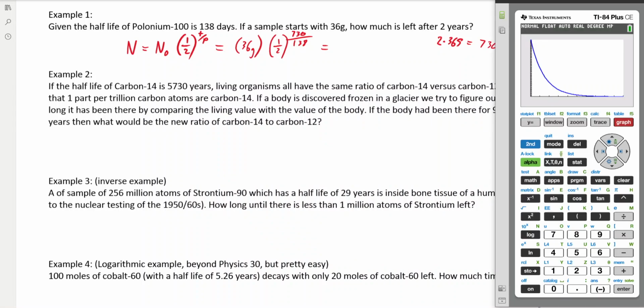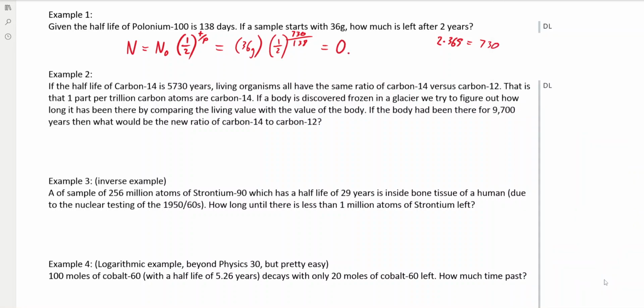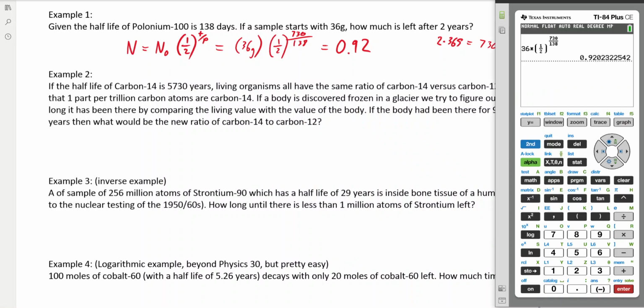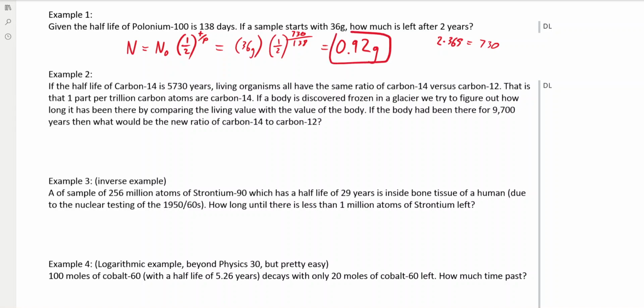And so now we can plug this in our calculator and get our answer. And we get 0.92, let's just leave it there, 0.92 grams because we've got 2 sig digs. Okay, so not a lot is left. Basically 1 gram is left after 2 years.